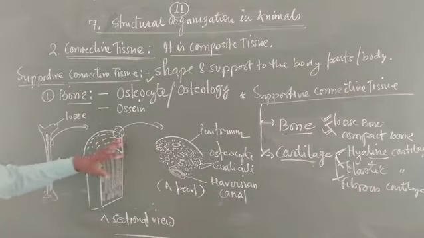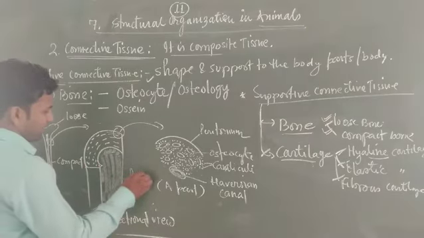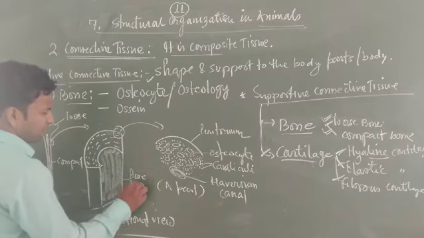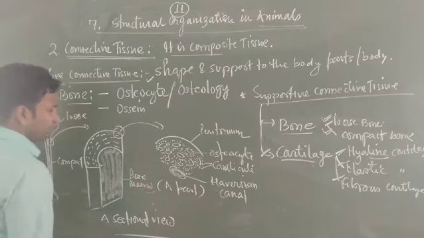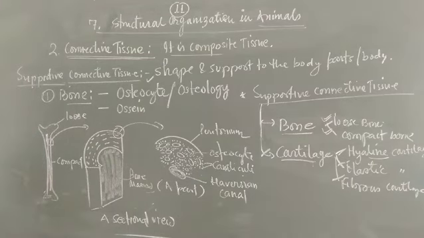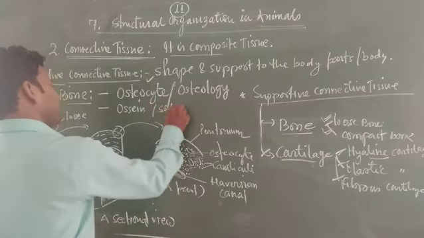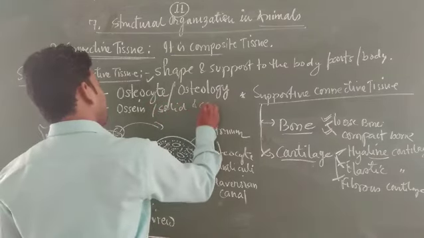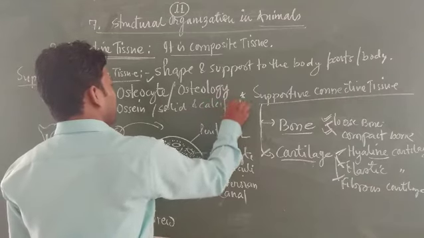Bone is also a living tissue, where the supply of blood takes place. In between the bone, bone marrow is found, and this bone marrow is made up of red and yellow bone marrow, and it helps in the formation of blood cells, especially hemopoiesis. The bone is basically a solid and calcified part. Why calcified?